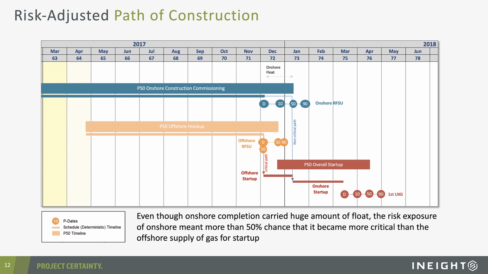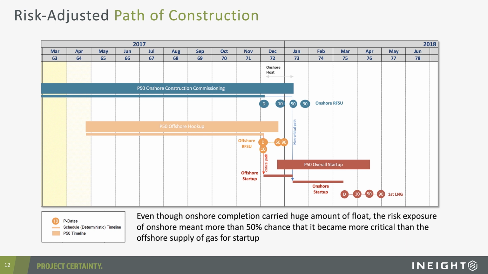Now, in the non-risk adjusted scenario, the onshore scope of work actually has a degree of float. In fact, it actually has just over a month's worth of float. The reason being that offshore hookup has that offshore startup campaign.